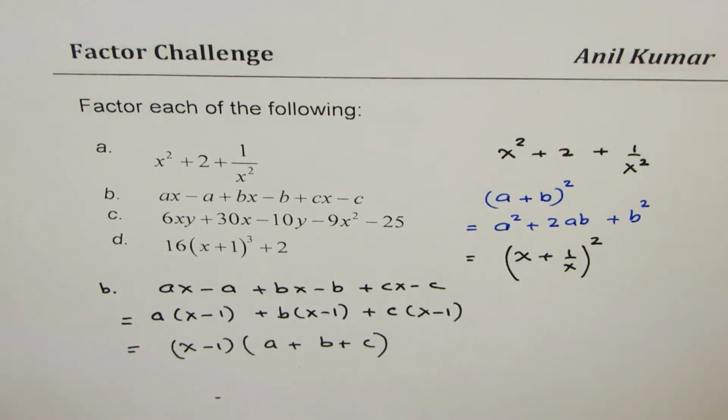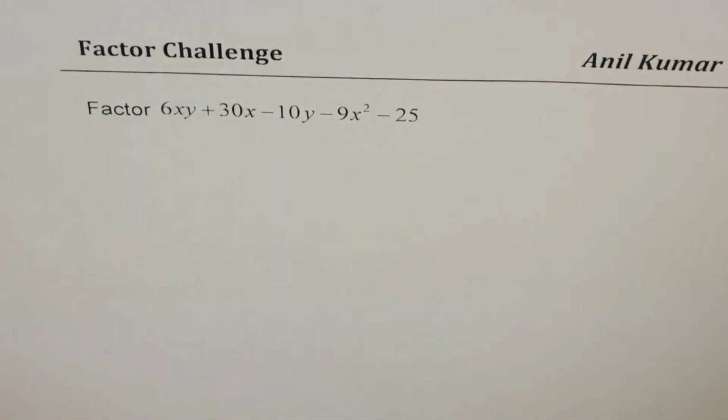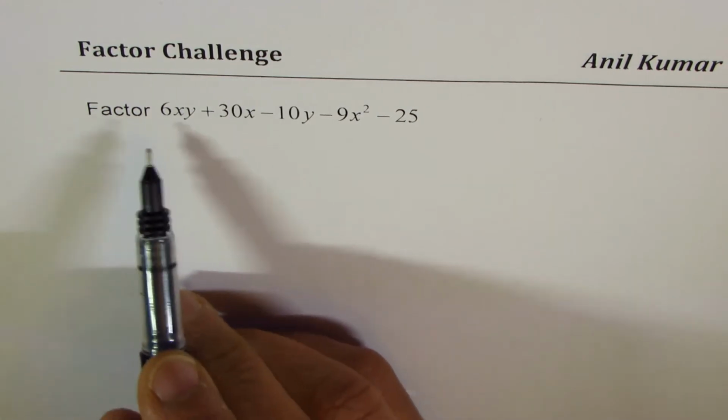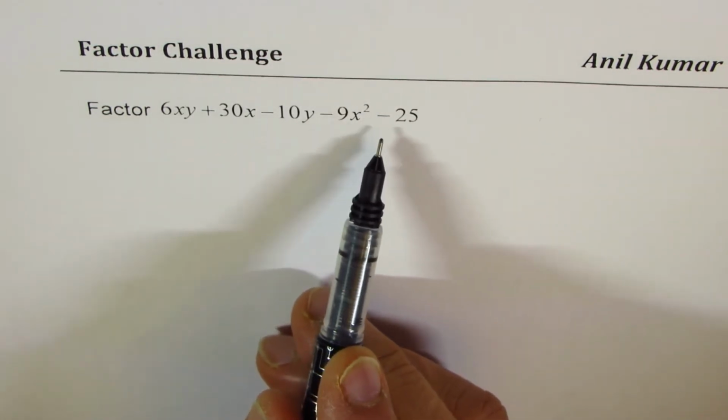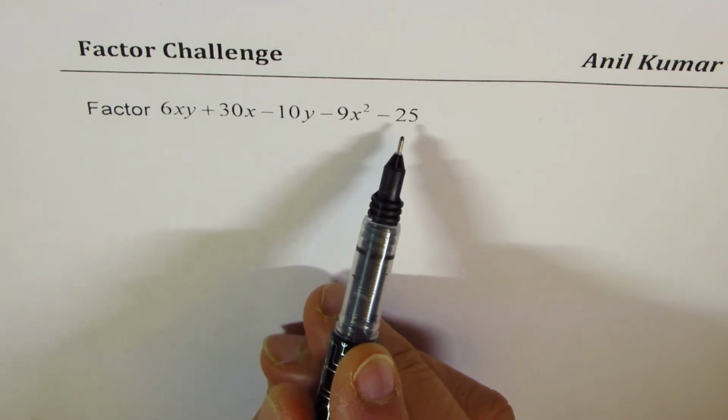Now we'll do c and d, which are indeed quite difficult, and that is why I have given this as a factor challenge. Let us see how to factor c now. We need to factor 6xy plus 30x minus 10y minus 9x squared minus 25.